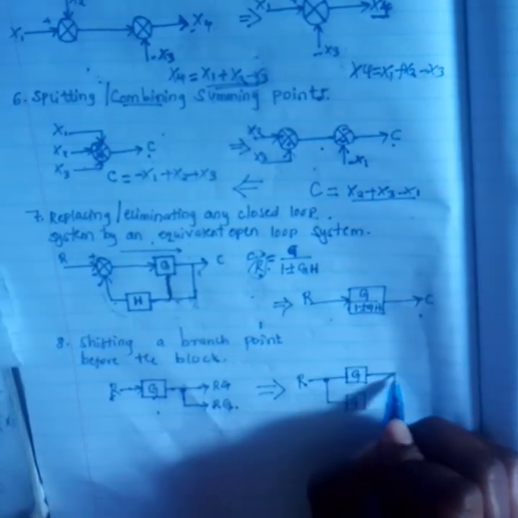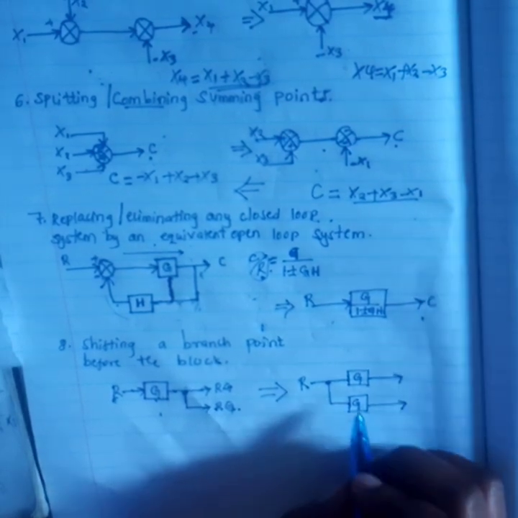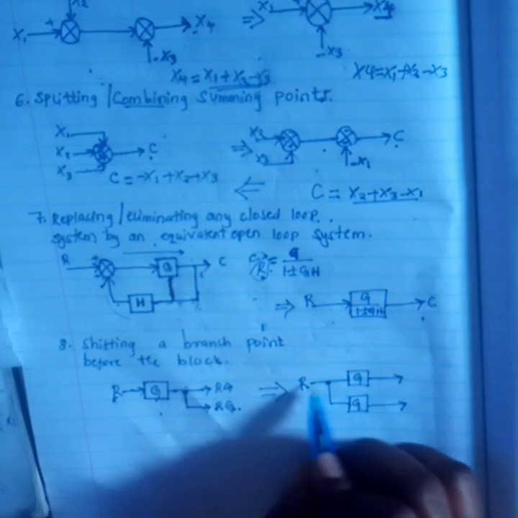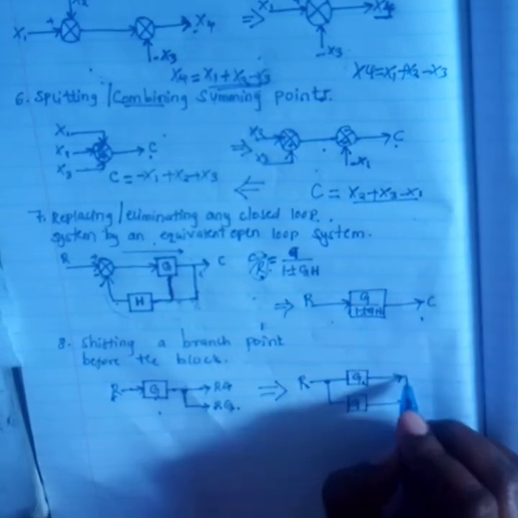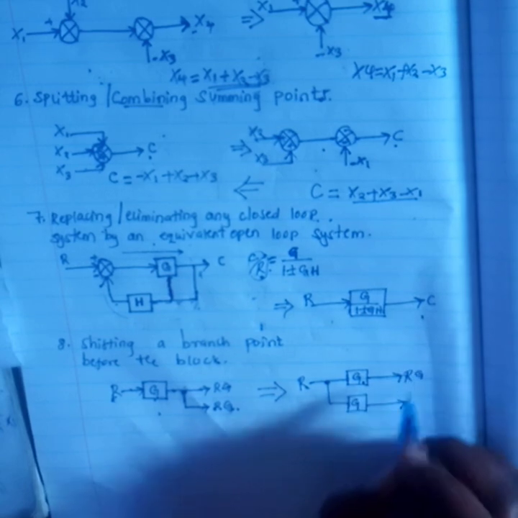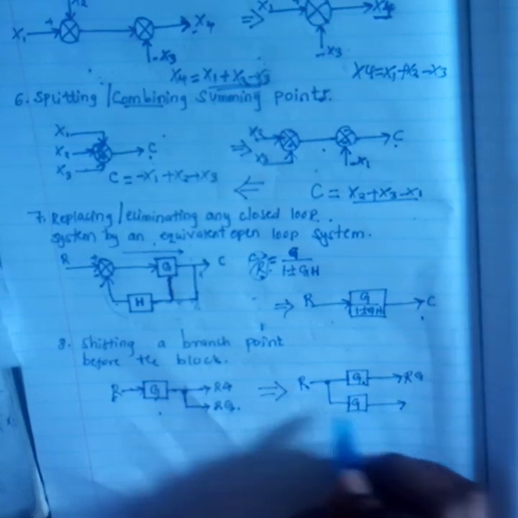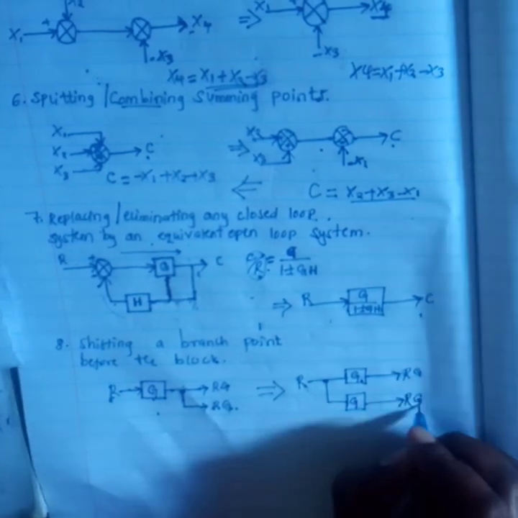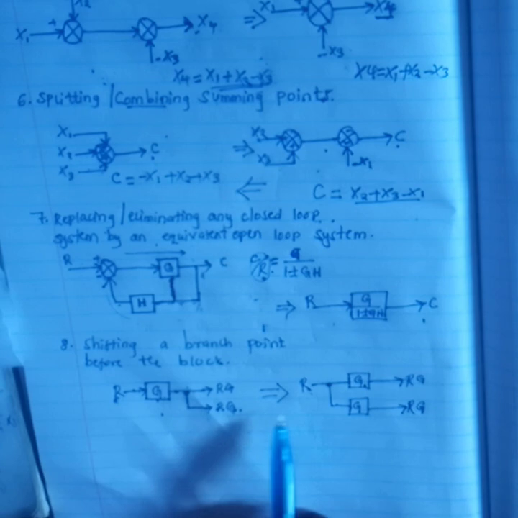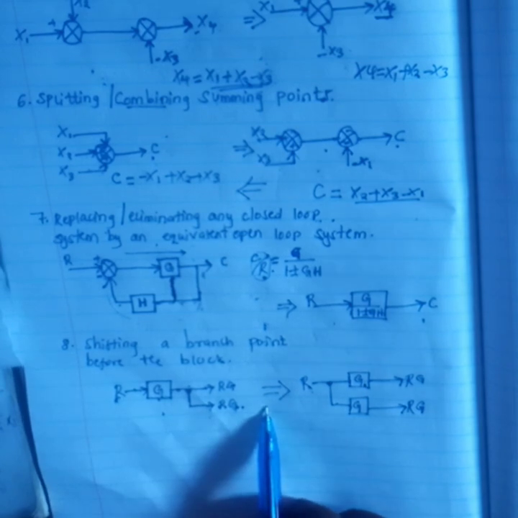Then I'll have the output for this, then the output for this. Remember, if I consider this path here, R and G are in series, so I combine them by having RG. Then if I consider the other path here, the two of them are in series, so I'll have RG like that. So you still notice that the output for the two is just the same.